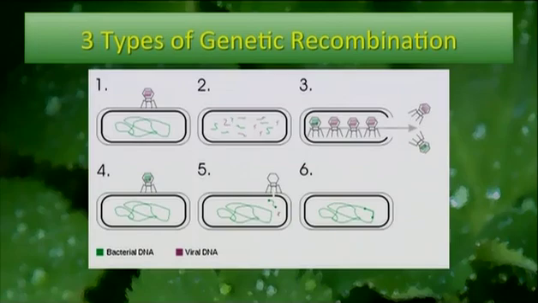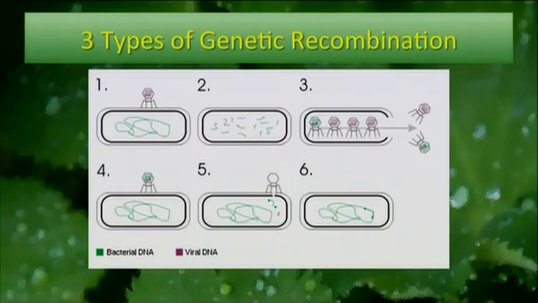Then those viruses infect another bacterial cell or more bacterial cells and inject their DNA into the bacterial cell, and then the DNA is incorporated into the nucleus of that other cell.